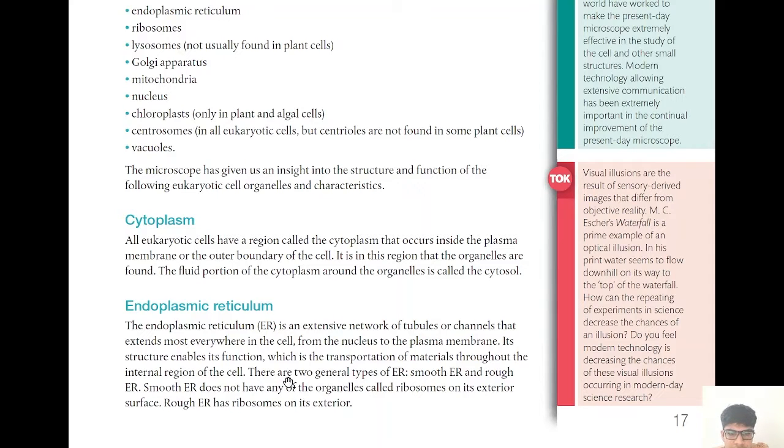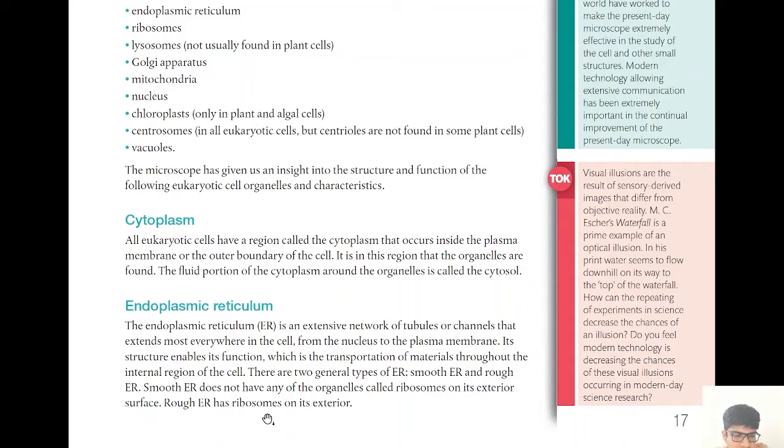There are two general types of ER: smooth endoplasmic reticulum and rough endoplasmic reticulum. Smooth ER does not have ribosomes on its exterior surface.